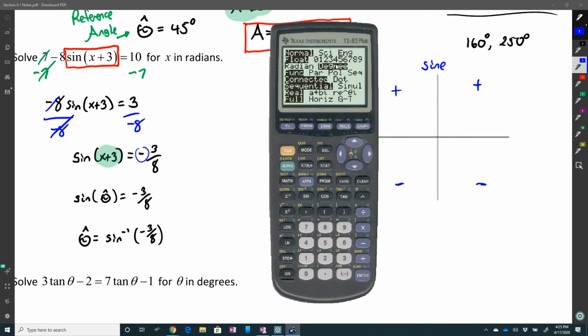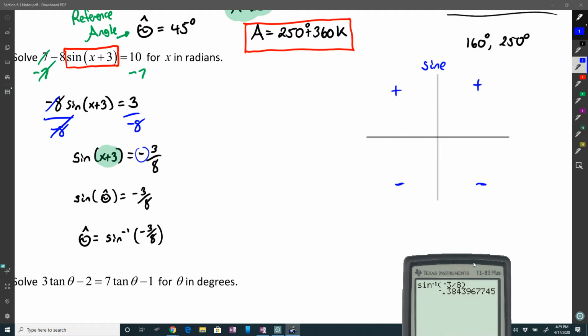So mode, notice that would have been bad. It's in degrees. I need to switch to radians. So second sine, negative 3/8. All right, and that's about equal to negative 0.38. Here we're just estimating.